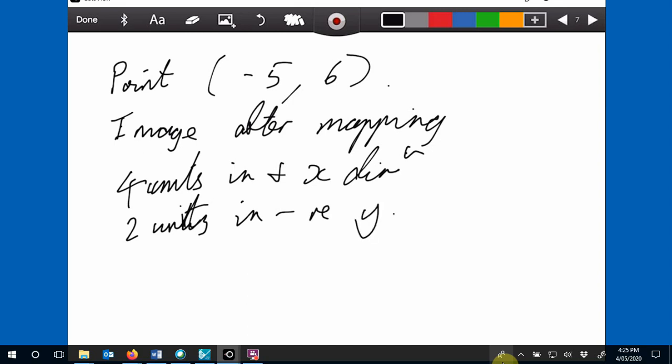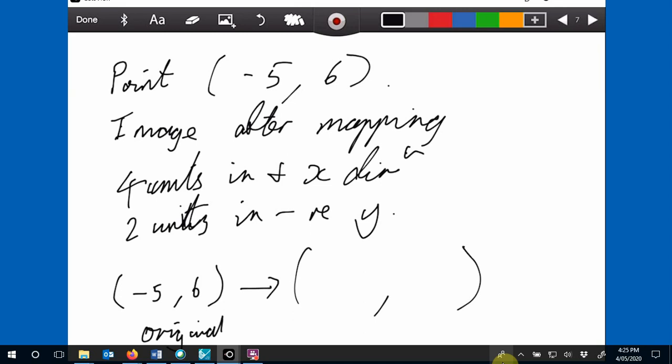All right, so what have we got? We've got our original, and we've got to map it. And so we've got -5, and if we're going 4 units in the positive x direction, so we're moving it to the positive by 4.